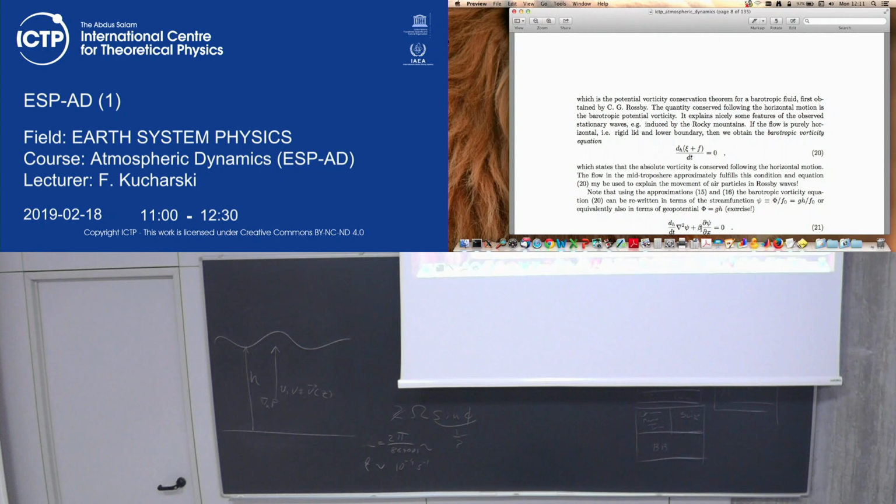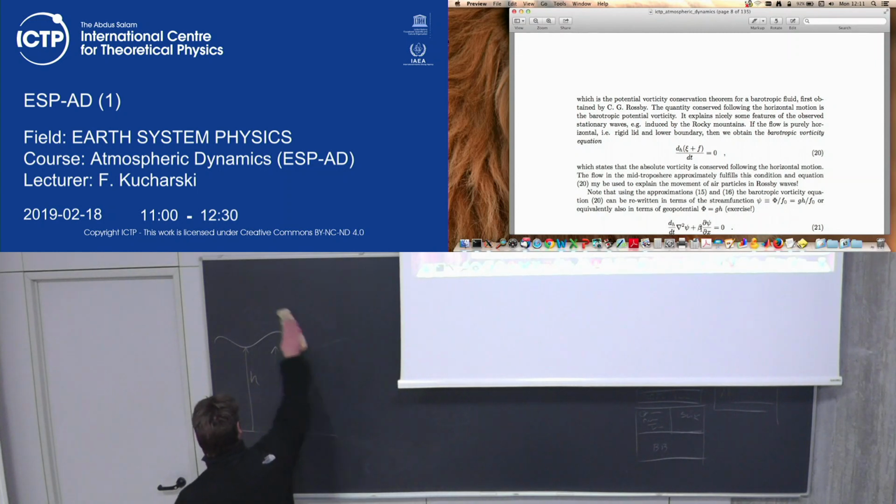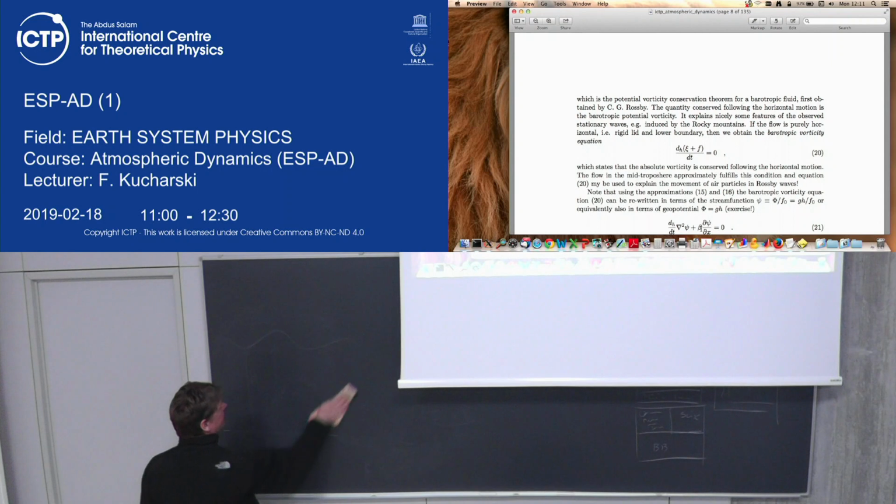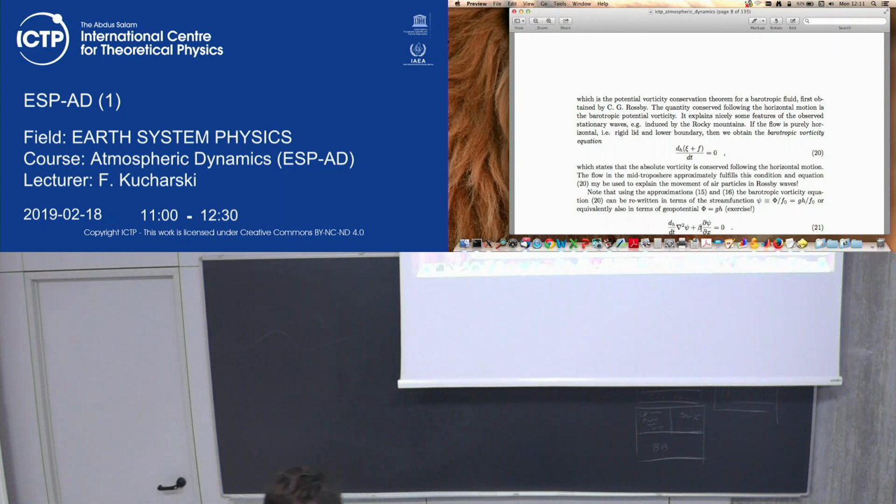D by dt of xi plus f is equal to 0. And this actually can explain the movement of air parcels in these Rossby waves that we have already given a name. We will derive their dispersion relationship later, the exact dispersion relationship that explains how they propagate and how the energy propagates and so on.